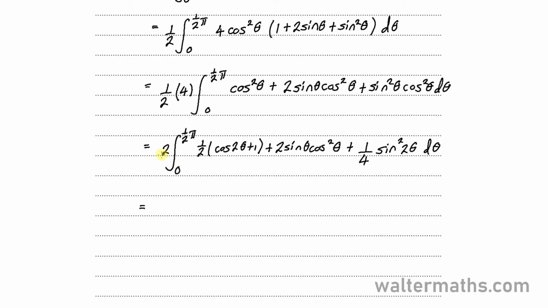Now here I'll put the 2 inside, so we'll be having the integral from 0 to a half pi of 2 times a half, that's 1, so we'll be having cos of 2 theta plus 1, and this plus, this becomes 4 of sine theta cos squared theta, and it's plus, this becomes a half of sine squared 2 theta, and it's with respect to theta.